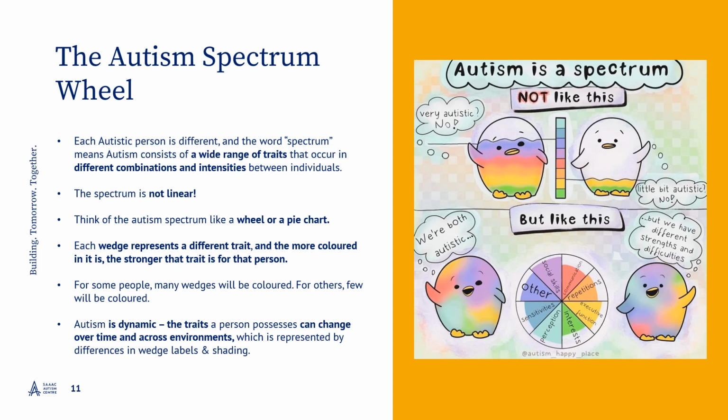It also means that they may be able to manage tasks in one environment, like at home, but not in others, like at school. This doesn't mean that they are more autistic some days and less autistic other days. They are simply dynamic individuals with fluctuating strengths and needs.